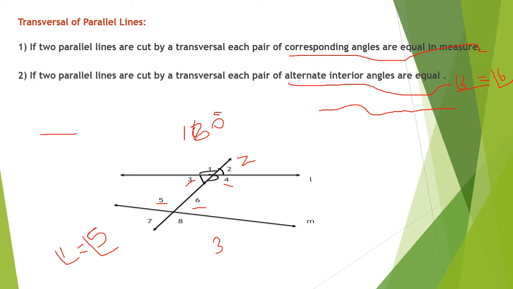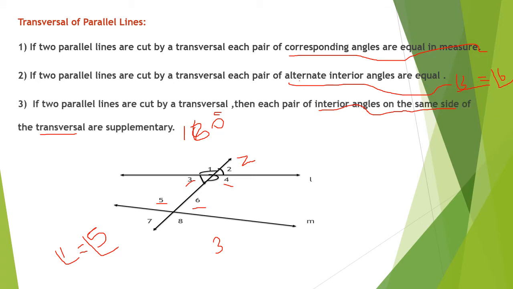Okay. Now the third point: if two parallel lines are cut by a transversal, then each pair of interior angles on the same side of the transversal are supplementary. Supplementary means what? Equal to 180 degrees.